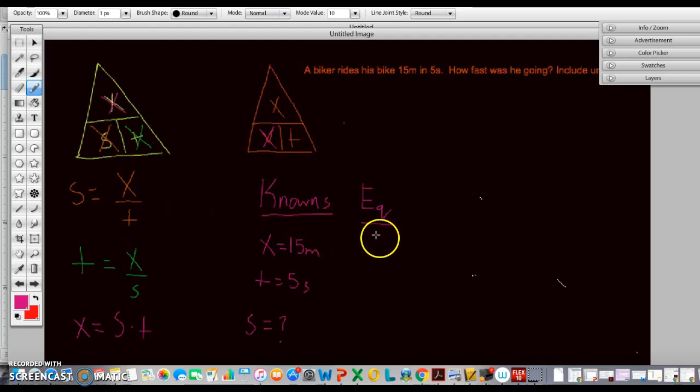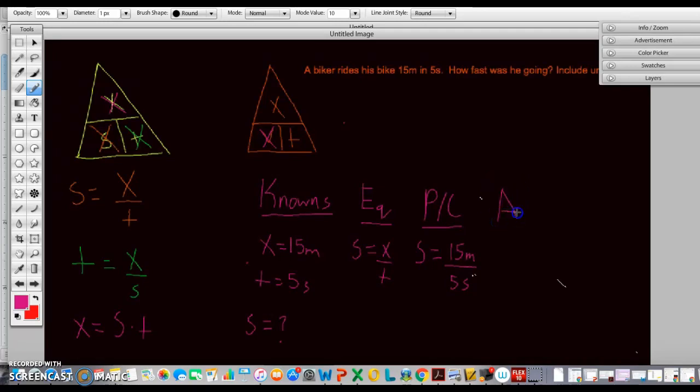So the speed equation is going to be S equals X divided by T. All right, and then we're going to plug and chug our knowns into our equation. S equals 15 meters divided by 5 seconds.